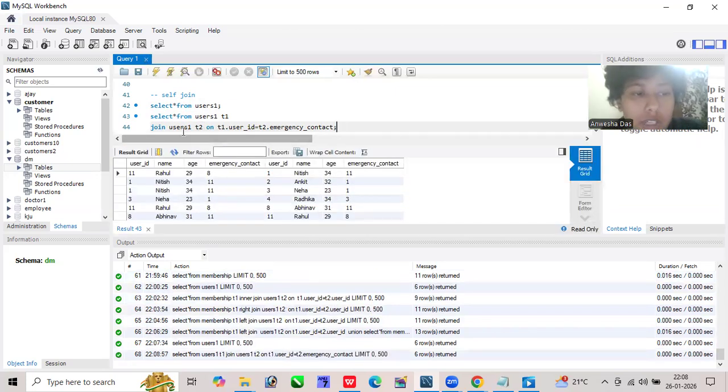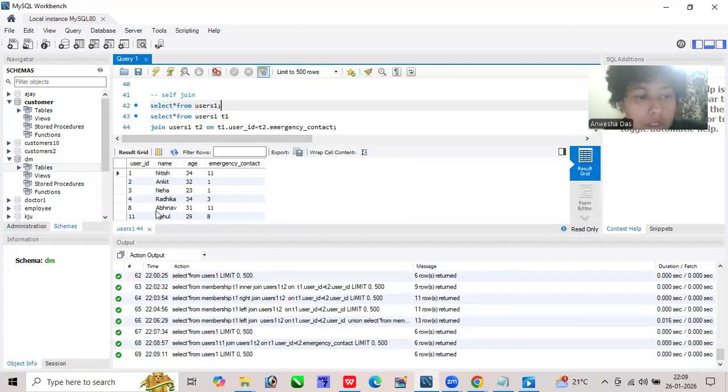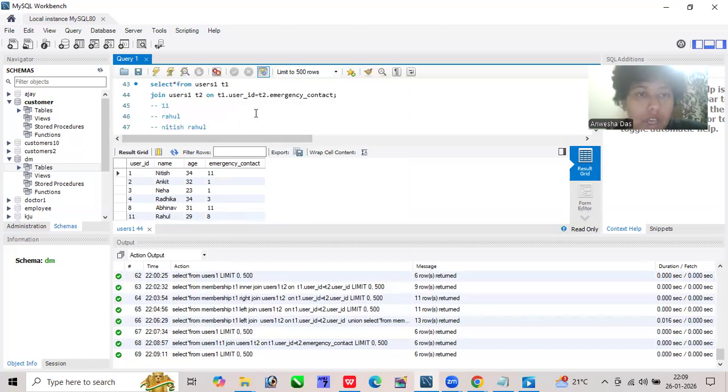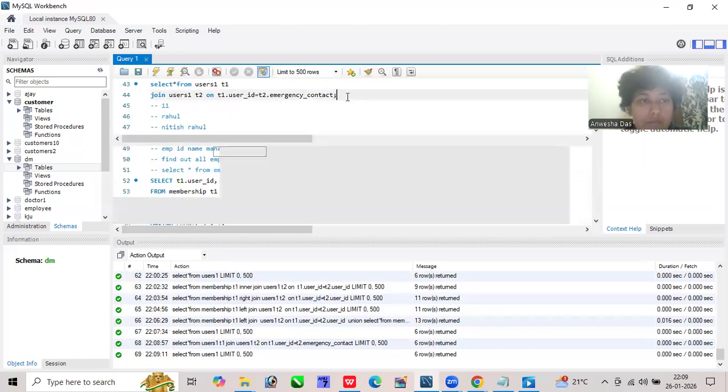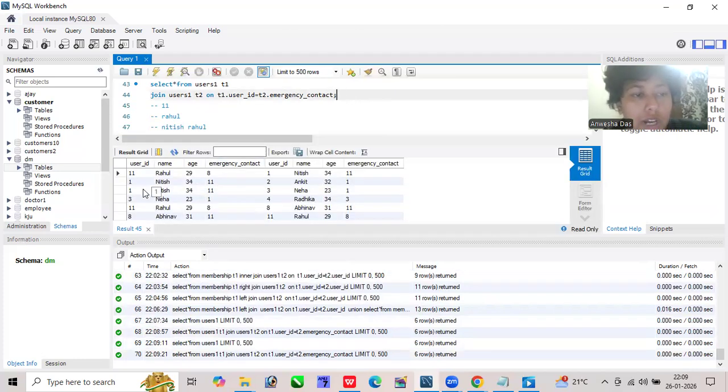See guys, here, when the user ID is 11, what is the emergency contact number? 8. That thing only I have told before. Okay, so in a similar way, where the user ID is 1, what is the emergency contact number? 11, right?